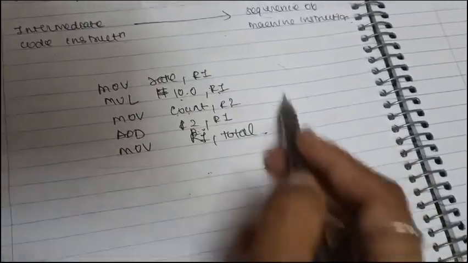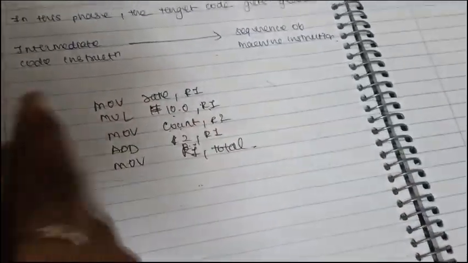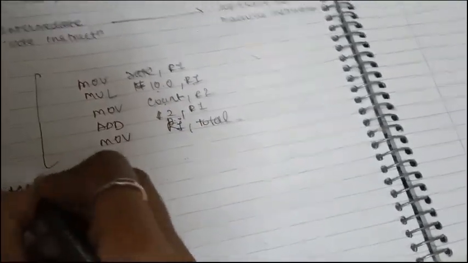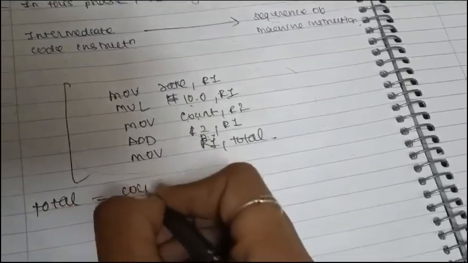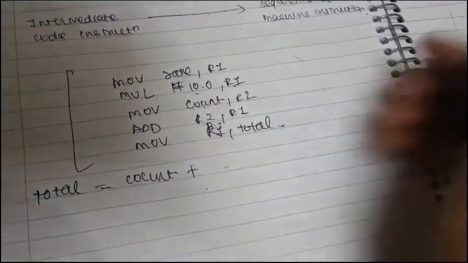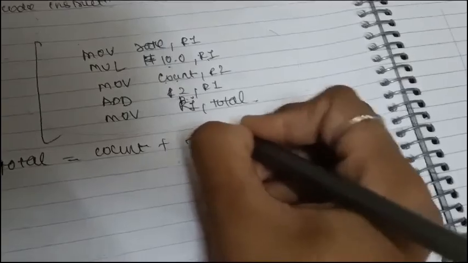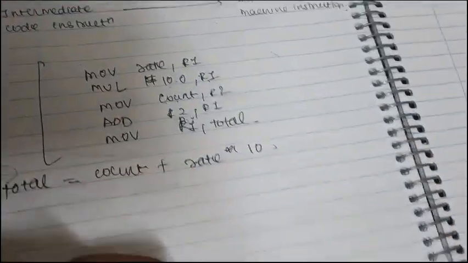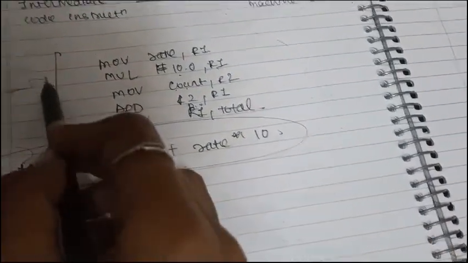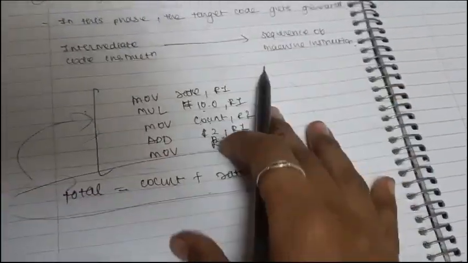This is the machine level code which is understood by the computer, and what we had written was total equal to count plus rate into 10. So this is converted to this after the phases of the compiler.